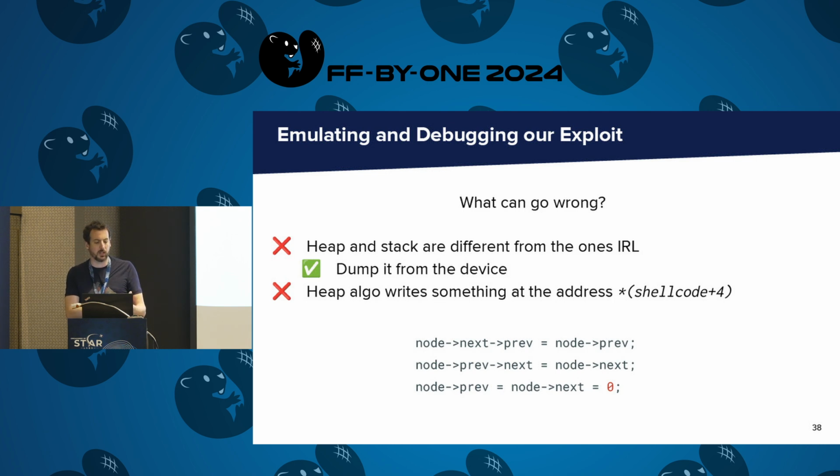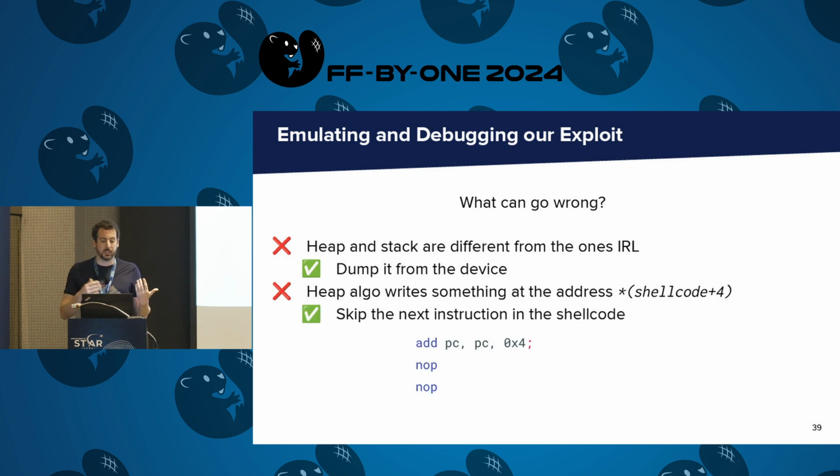I mean, the system will overwrite the second pointer, which is next, with something else. So basically we have the second value in our shellcode that is overwritten by the system. And there is an easy way to fix that. We just need to skip the next instruction inside the shellcode. So if you're familiar with ARM assembly, it looks like this.